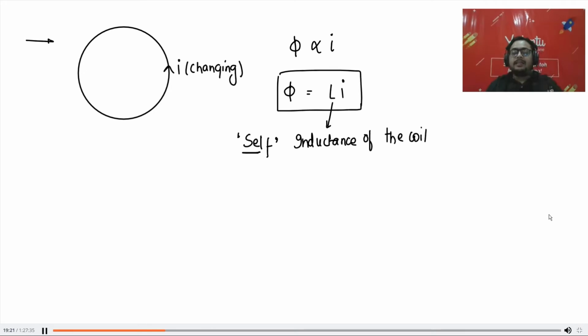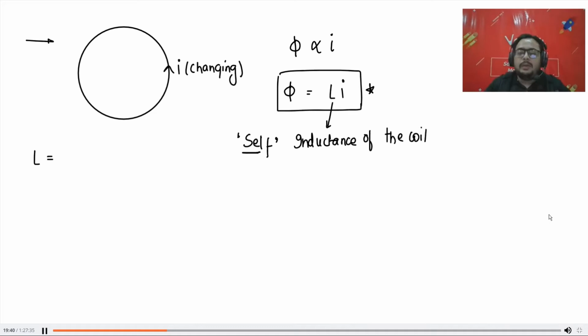The current changed in itself, and that is opposed by the induced EMF. Are you getting my point? Opposing itself because of a current change inside itself is called self inductance. This is a very important formula that you must remember.